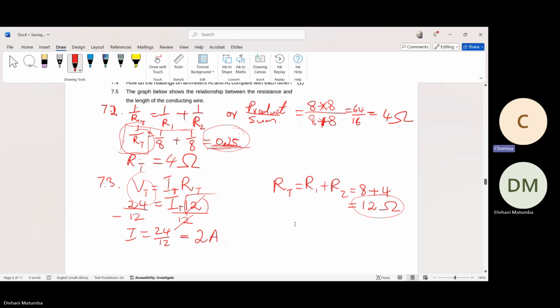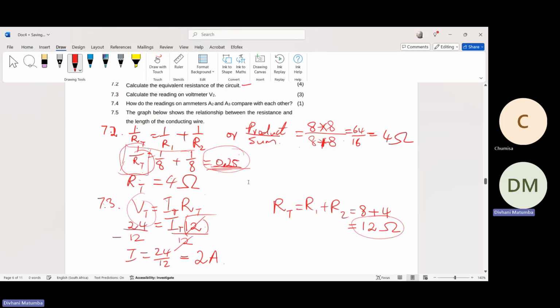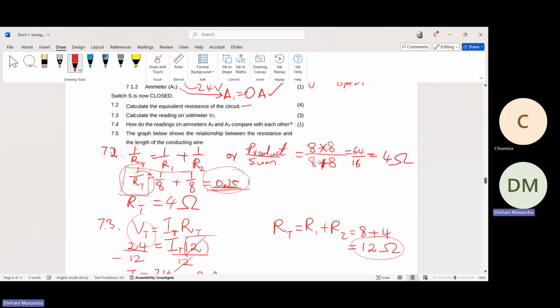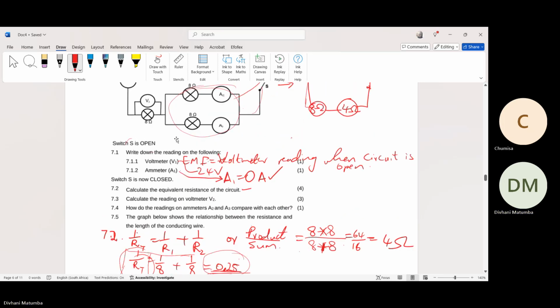Now we have the totals of everything: the total voltage, the total current, and the total resistance, which is 12 ohms. Okay, if you have the current of the circuit, how do you find the potential difference across the 8 ohms if you know the flow?